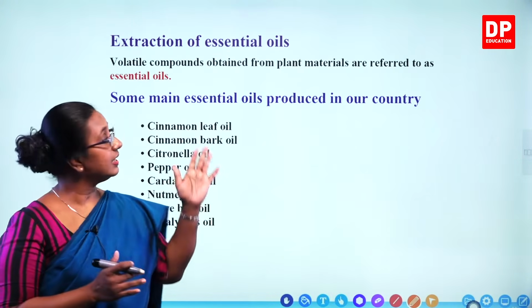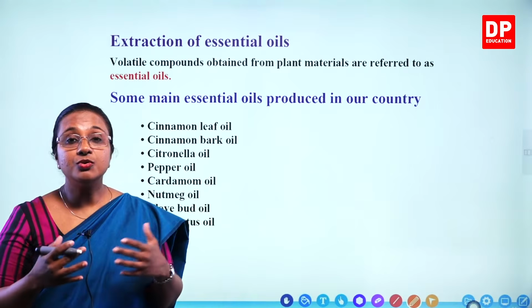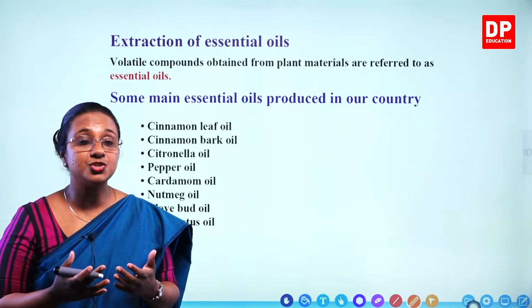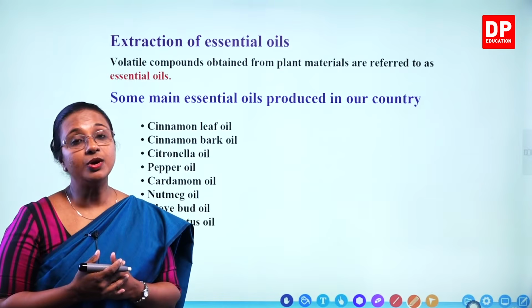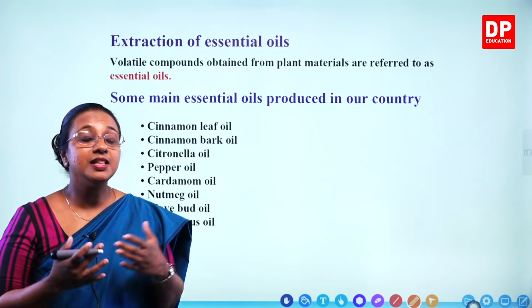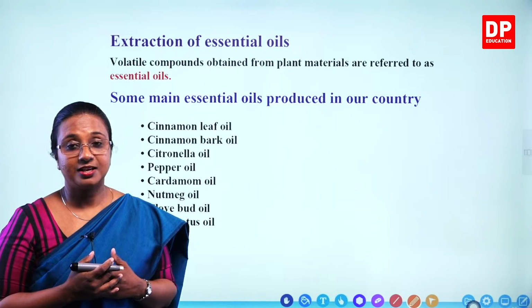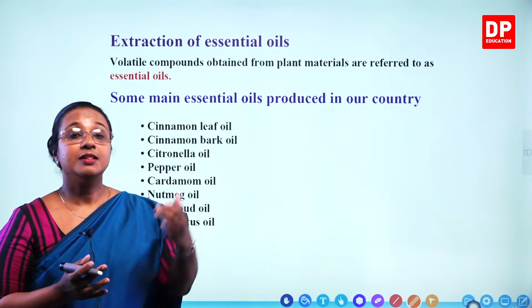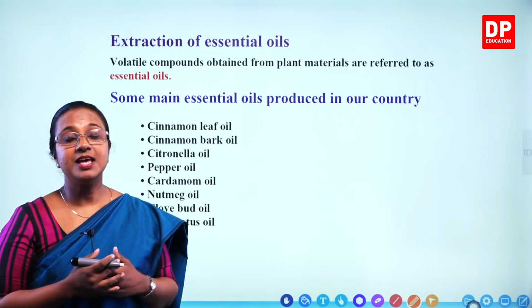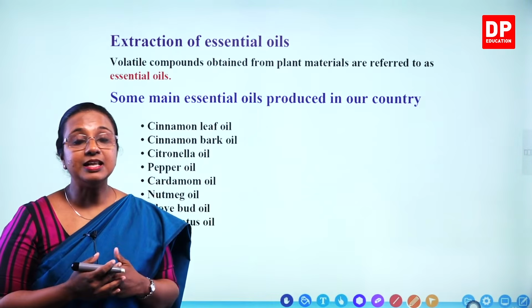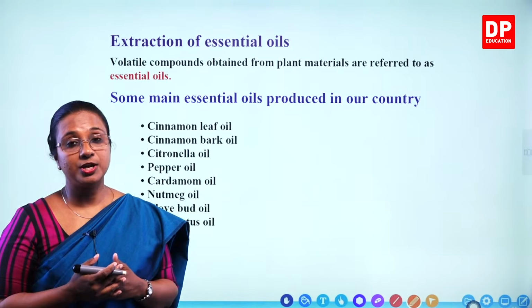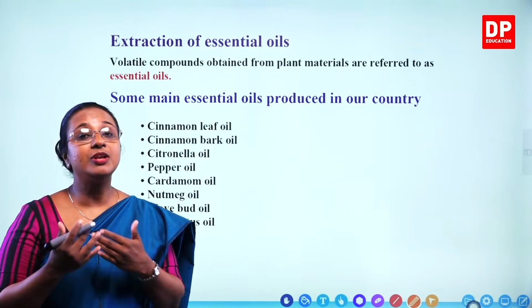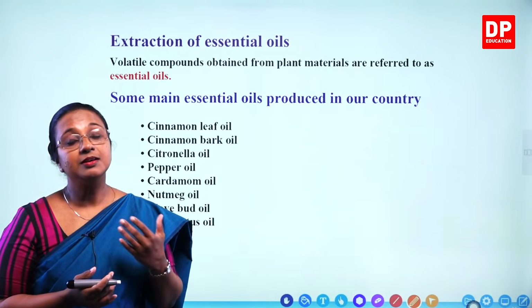So that the essential oils do not get denatured or destroyed or converted to other compounds in the process of extracting. And when they mix with water, the boiling point decreases and they boil at a temperature less than the boiling point of water. So they can be extracted without any harm done to the compounds.